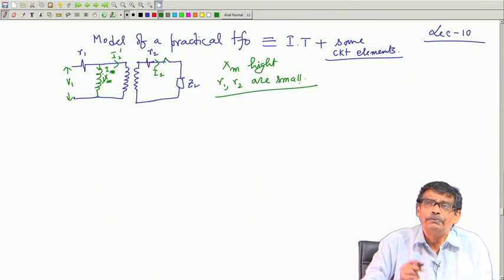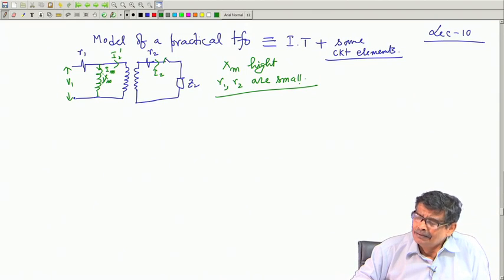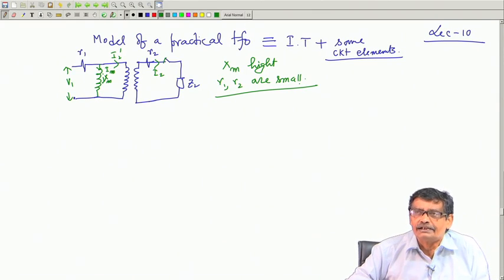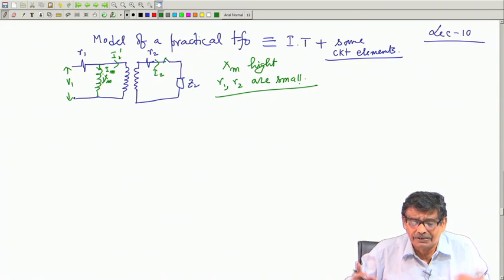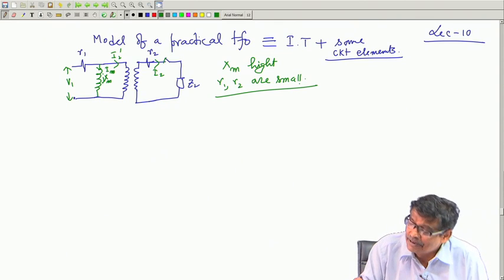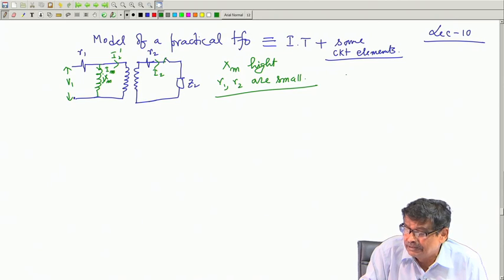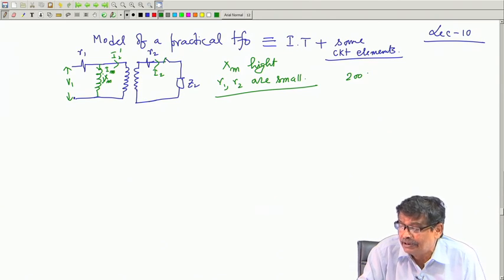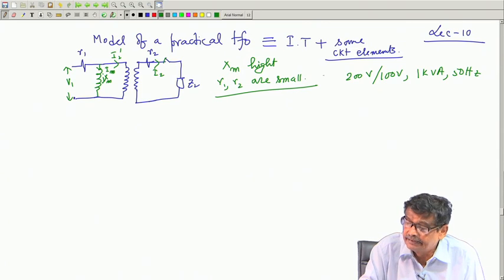That is why, while analyzing a practical transformer circuit, people apply the rules of an ideal transformer, even when you do not know any parameter values, X m, R 1, R 2. For example, suppose a transformer is rated 200 volt, 100 volt, 1 kVA, 50 hertz, single phase.